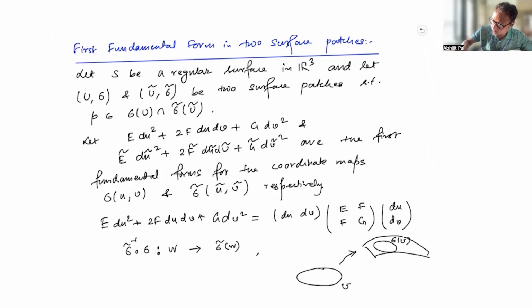This is my sigma of U. This is U tilde, and I have a map sigma tilde, which takes this open set to sigma tilde of U tilde, and sigma of U intersect sigma tilde of U tilde, and here we have this point P. So I can find an open set W inside U such that sigma of W is contained in this intersection.